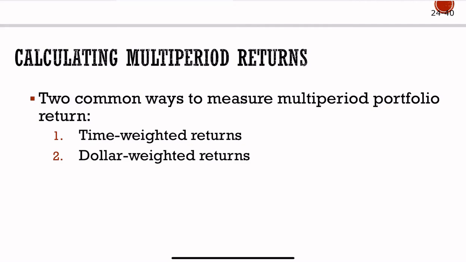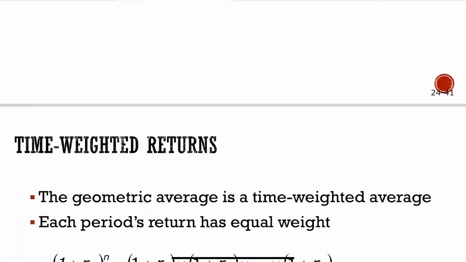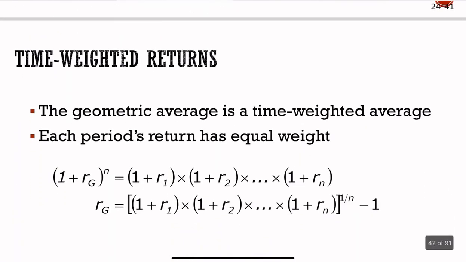The first is time-weighted. The second is dollar-weighted. And time-weighted return is actually a familiar one. It's really the same as the geometric average return. That is, it is really the same as the annualized return, right?